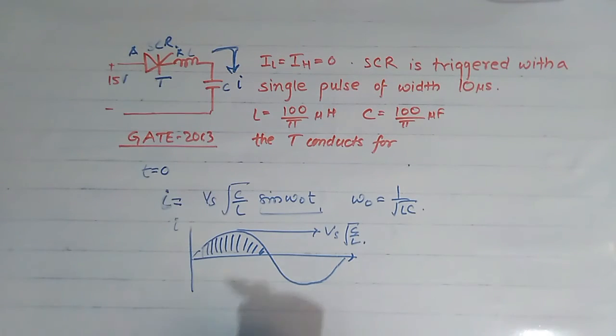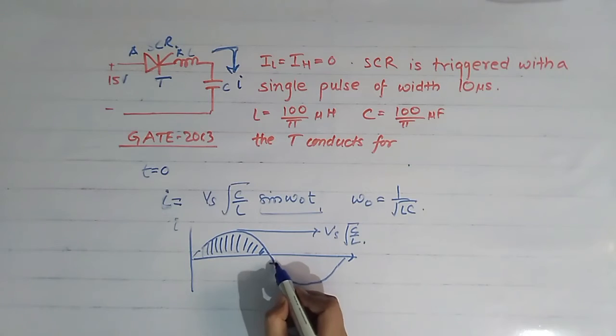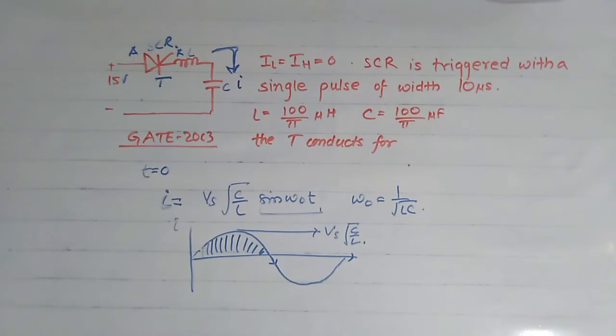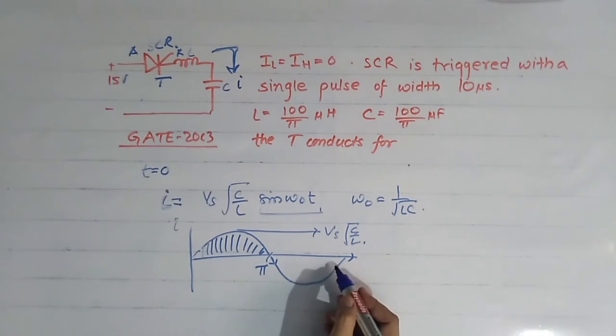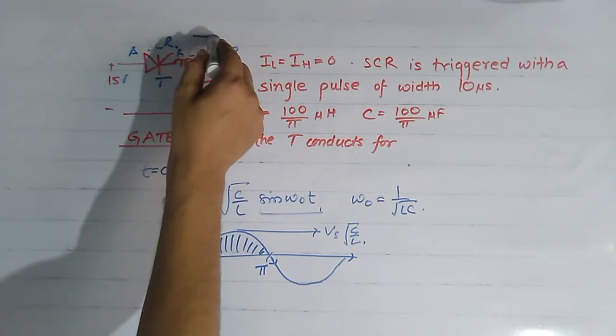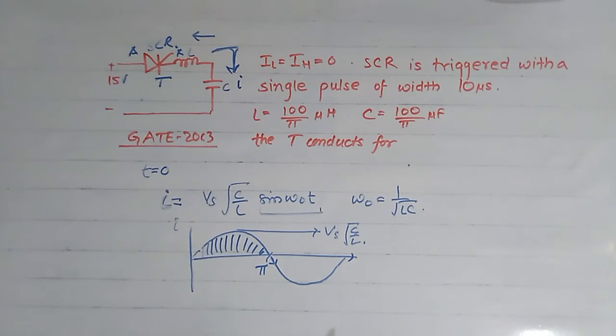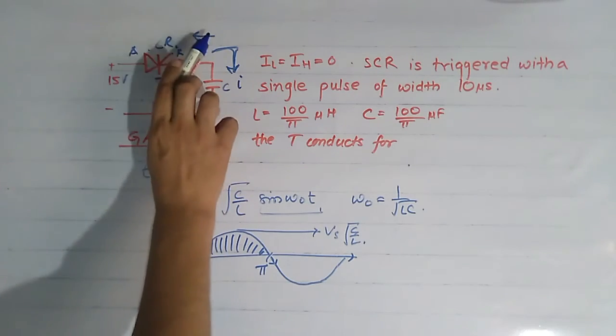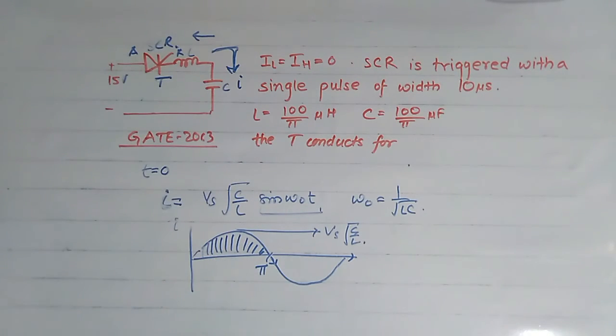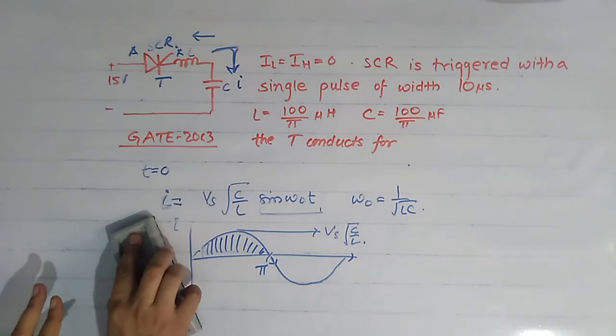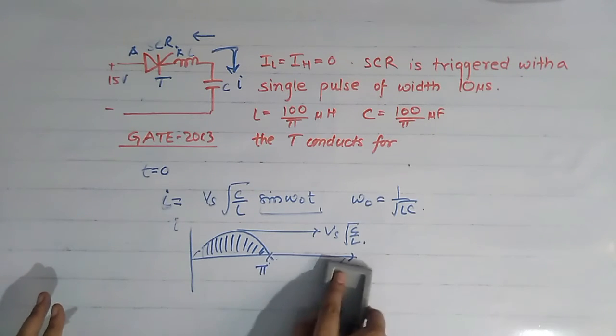But when this waveform tries to reverse, this thyristor will not allow the current to flow in the reverse direction, because after pi the direction of current reverses, and that means current flowing like this. But we know that thyristor is a unidirectional device, that's why it will not allow this direction of current. So we will get this current I up to pi only.